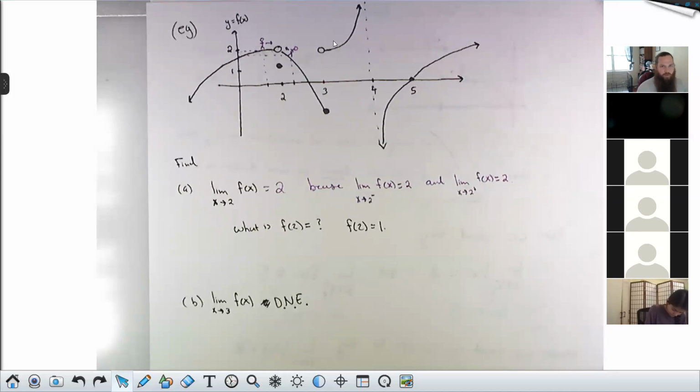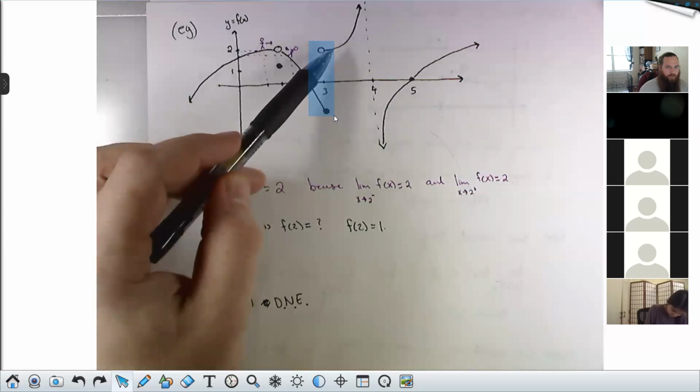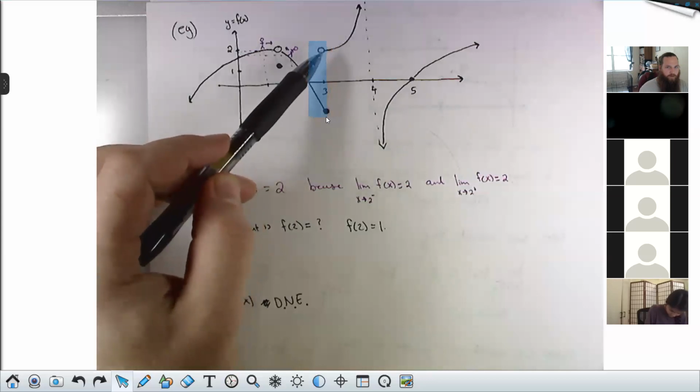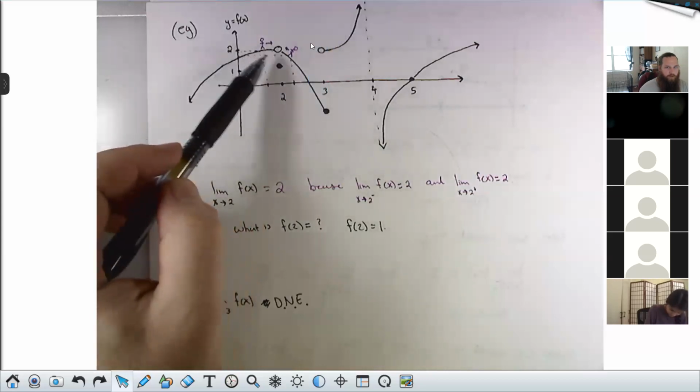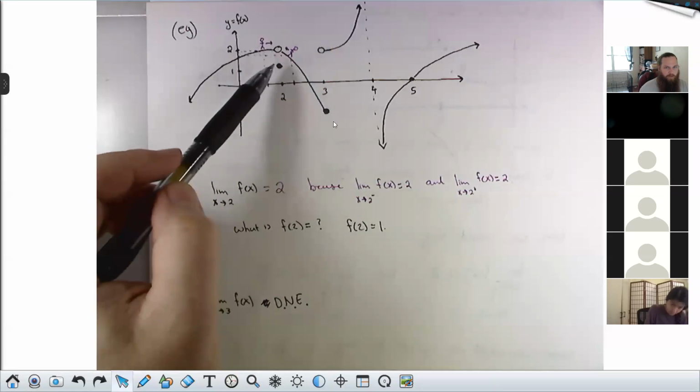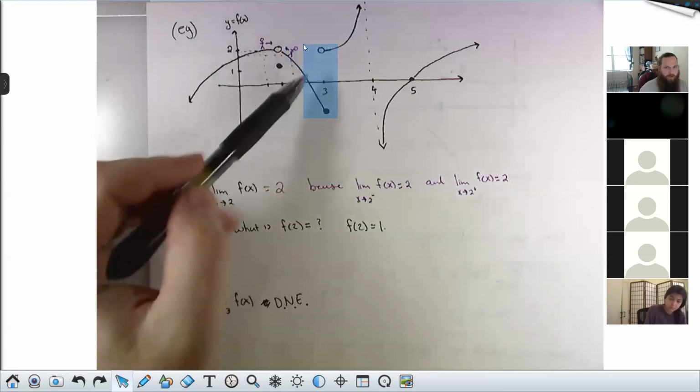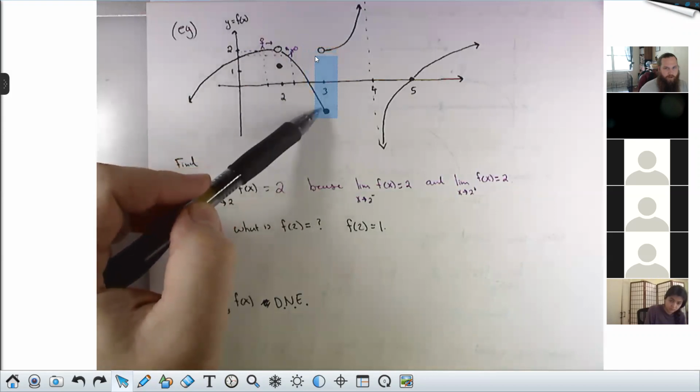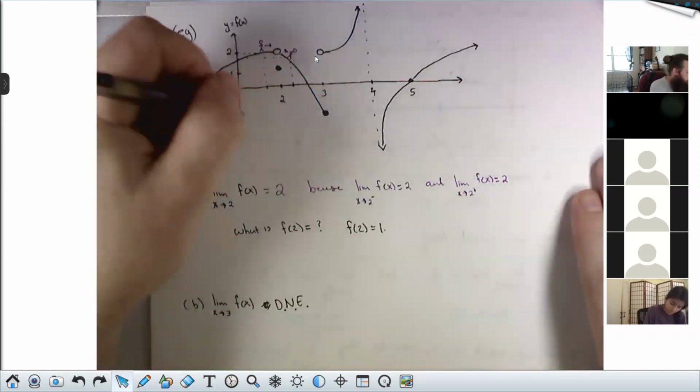Because as you shrink your window about 3, as you bring it in from the right, you're watching these y values, which are getting closer and closer to 2. But as you bring it in from the left, you're watching these y values, which are getting closer and closer to something down here. Like, we'll call this -1.